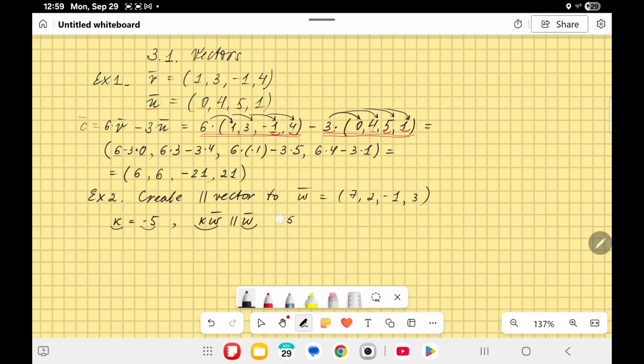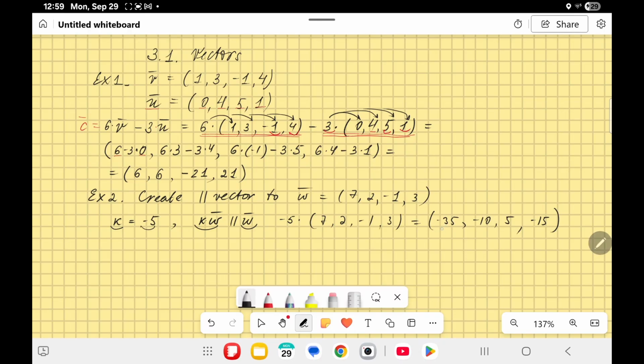So what I'm going to do, minus 5 multiplied by 7, 2, minus 1, 3. And you basically multiply every component. So we have minus 35, right? Minus 5 by 2 is minus 10. Minus 5 by minus 1 is 5. And minus 5 by 3 is minus 15. So that's going to be the resulting vector, and this vector is parallel to ours.